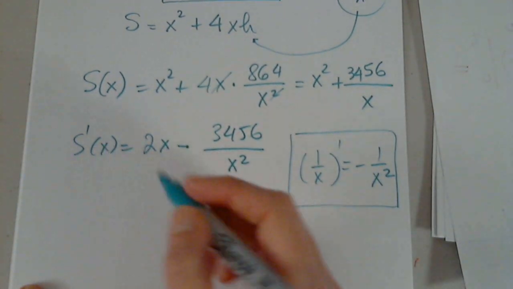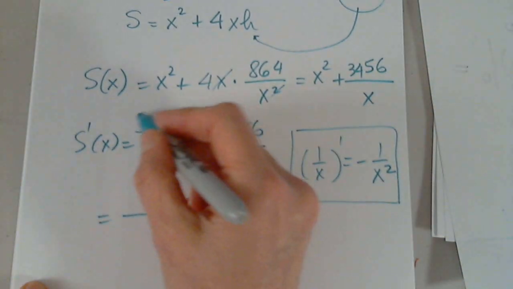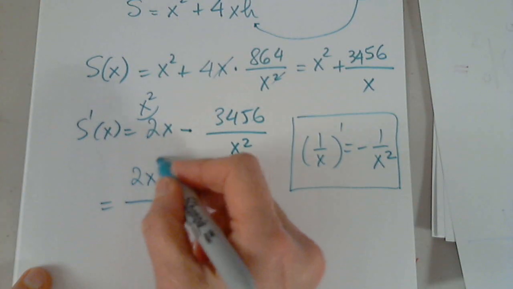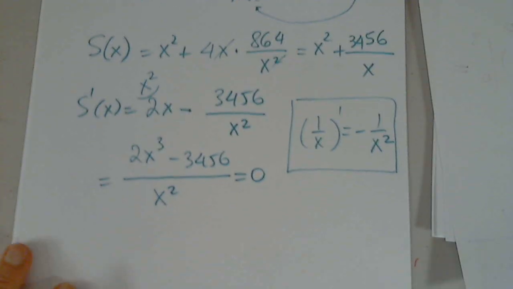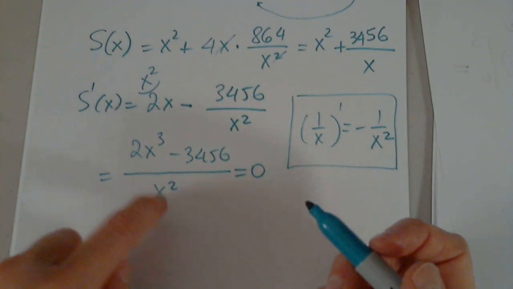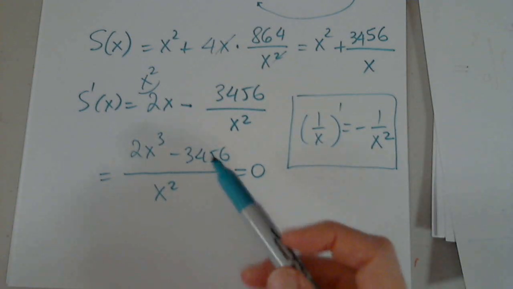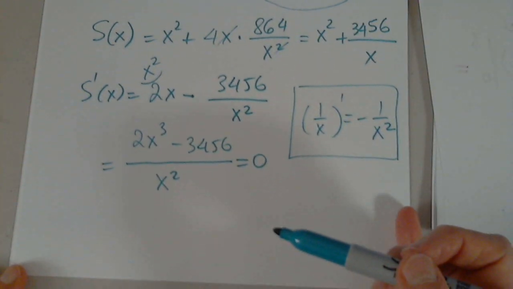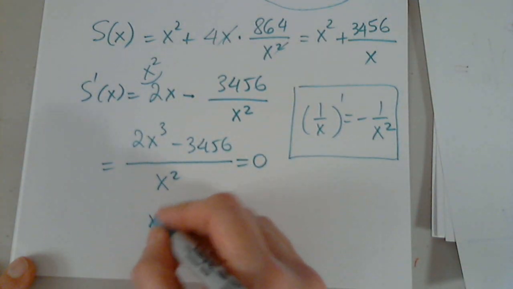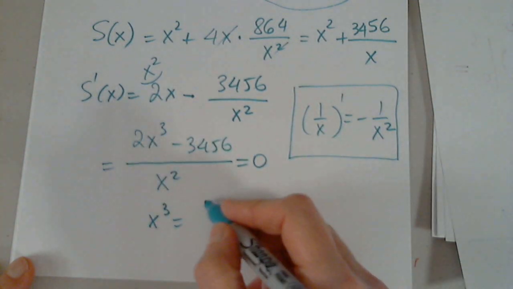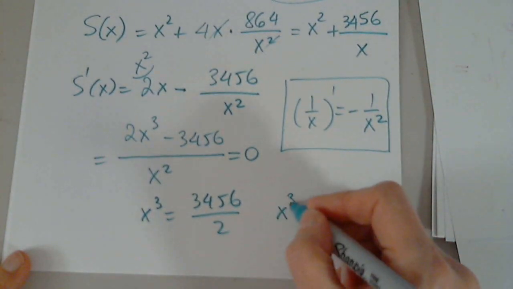Now I have to find the least common denominator, which is x squared. Multiply through by x squared: 2x cubed minus 3456, and set it equal to 0. No critical numbers will come from the denominator being 0, because if x is 0, then there is no solid, no container. Only the numerator can be 0. So x cubed equals 3456 over 2, and let's see what we get.